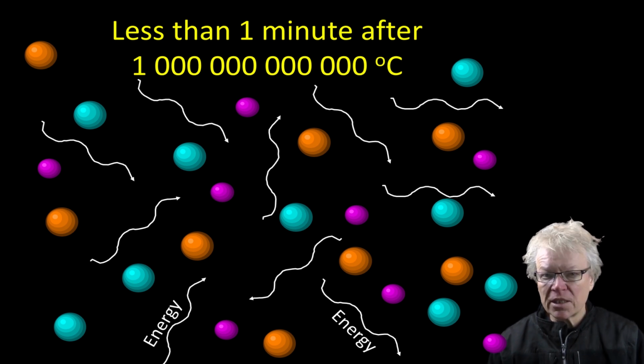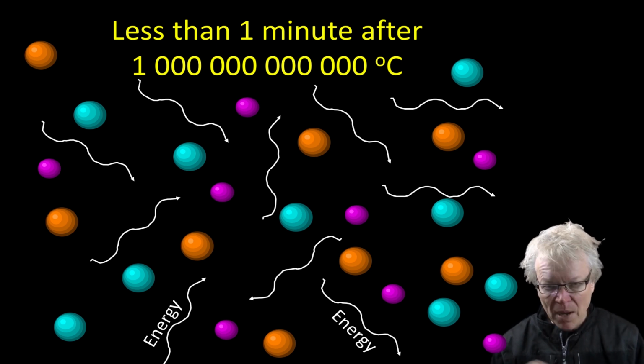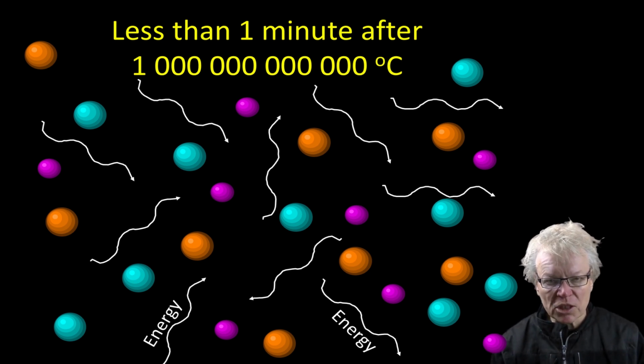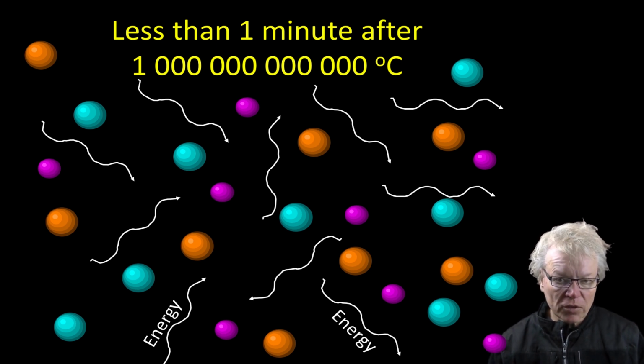The universe existed of neutrons, protons, electrons, and some other particles that were whizzing around the universe, but we'll just concentrate on protons, neutrons, and electrons. These are all whizzing around in this extremely hot, high-energy universe. And all of those bits of matter, the neutrons, protons, electrons, they weigh something, they are matter. They're whizzing around away from each other.